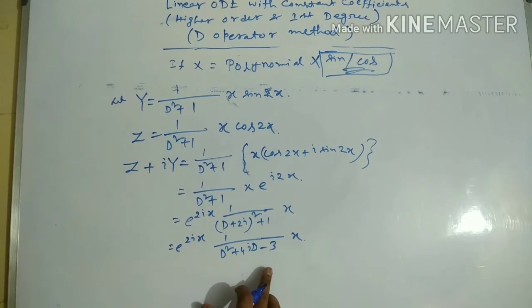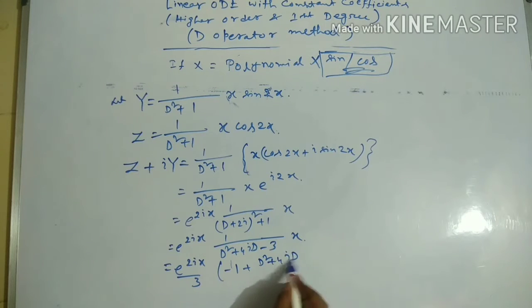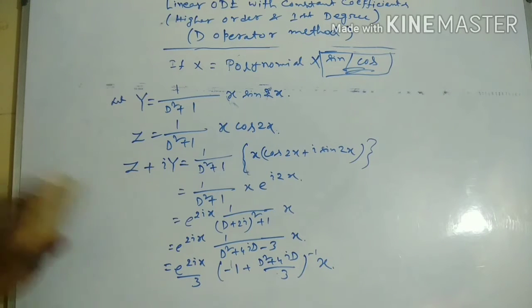Since there is no 1, we have to bring 1 by taking 3 common. So we are taking common 3, e to the power 2ix by 3, into minus 1 plus D square plus 4iD by 3, to the power minus 1, operating on x.